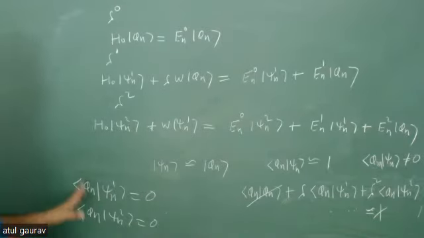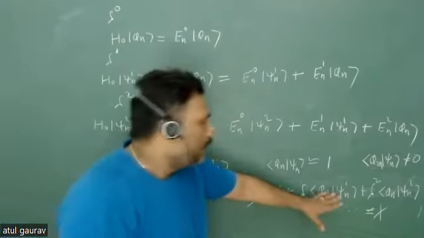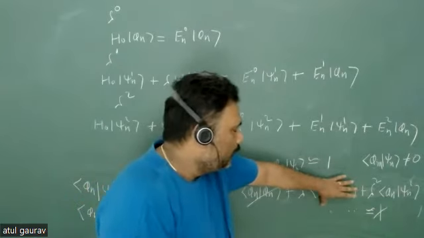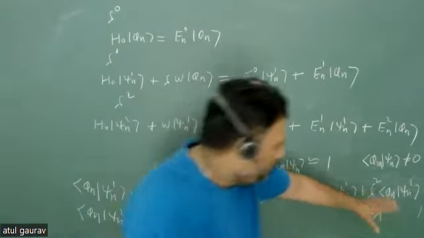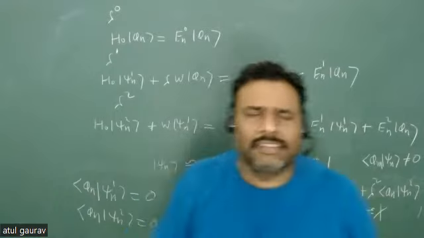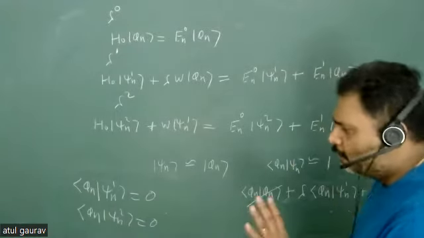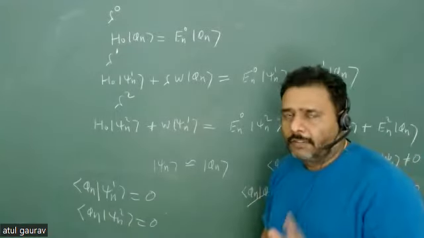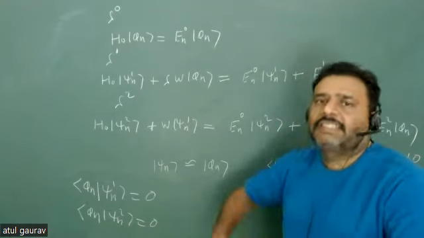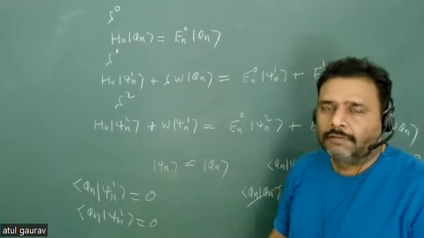And please don't confuse this with the concept of orthogonality. This is due to the fact that this thing is mathematically equal to 0. It is just looking like orthogonality, but it is not an orthonormal kind of situation. Okay, this is just a mathematical fact.